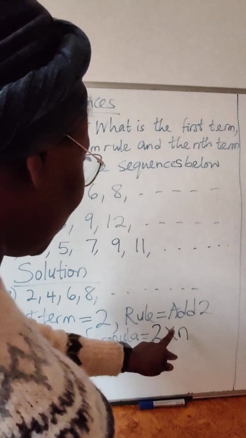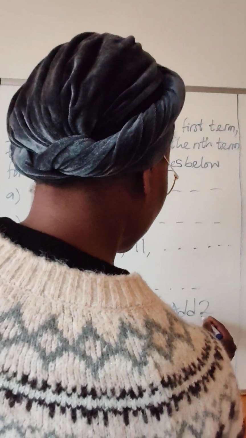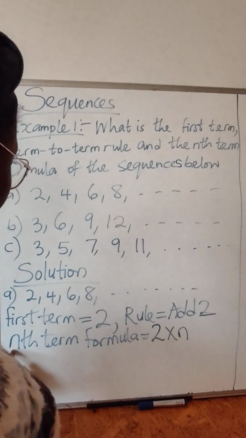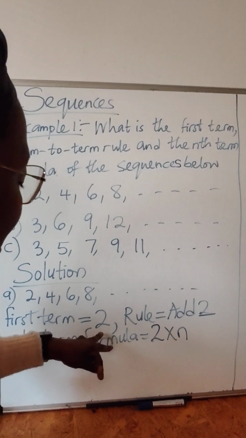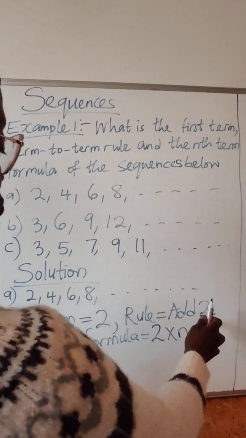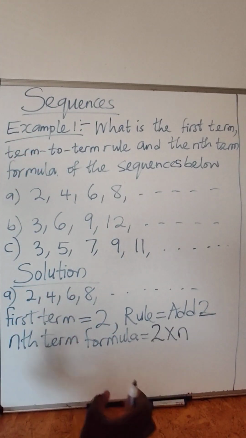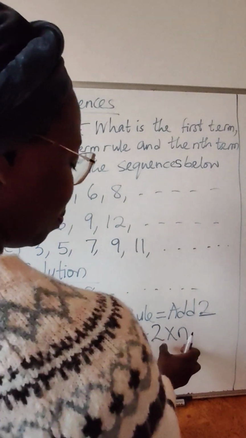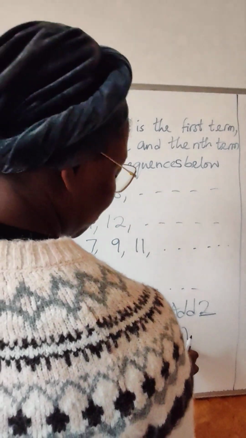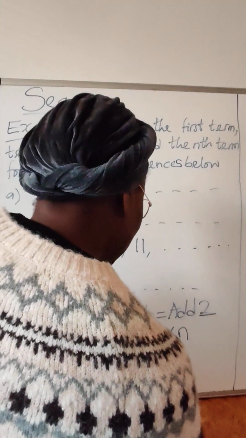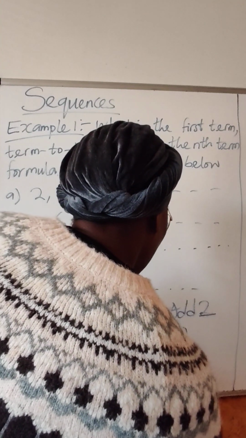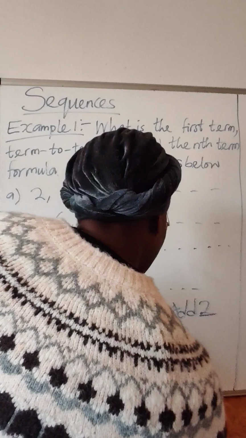Now you have the rule, which is 2, multiplied by a small letter n. Since the first term and the rule are the same thing, nothing will be added to this and nothing will be subtracted. You just have the nth term formula equal to 2n.